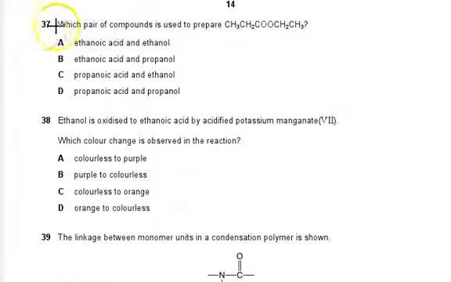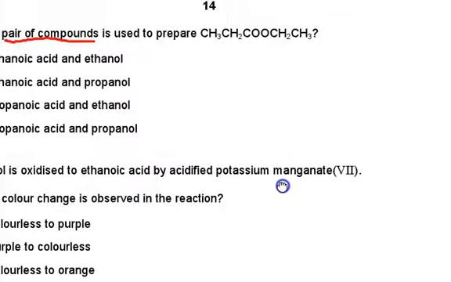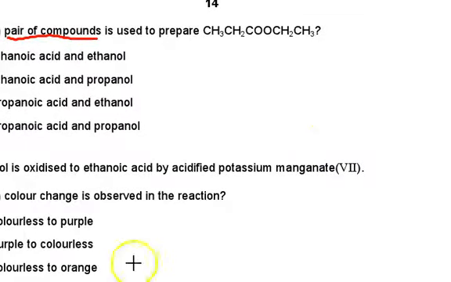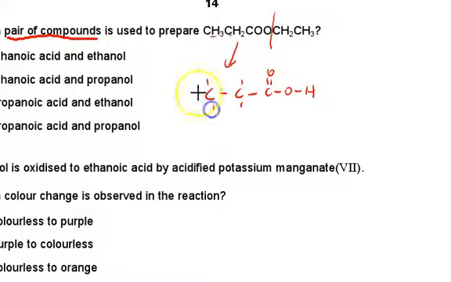Okay, number 37, which pair of compounds is used to prepare this? Okay, so now we make it bigger. We can separate this into here. So this one will be coming from propanoic acid.